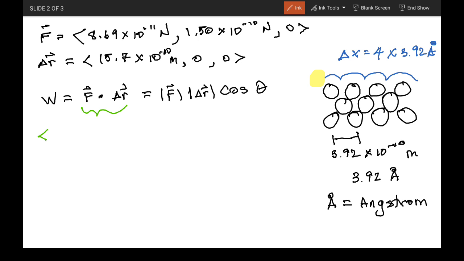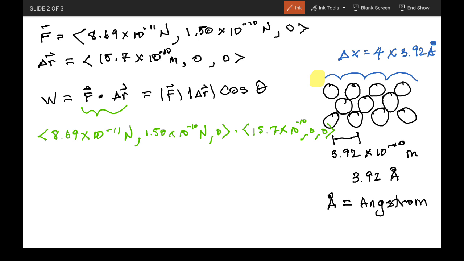That's going to be 8.69 times 10 to the minus 11 newtons, 1.5 times 10 to the minus 10 newtons, 0, multiplied by 15.7 times 10 to the minus 10, 0, 0.